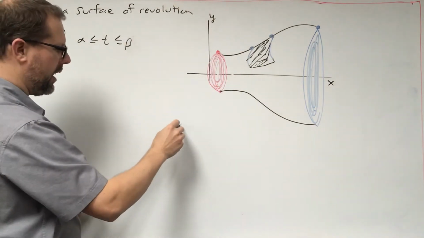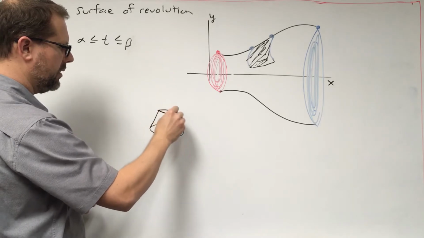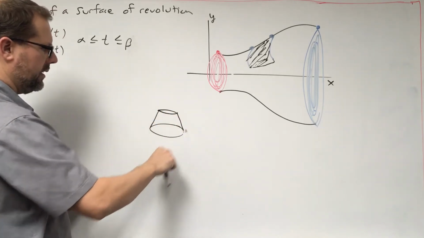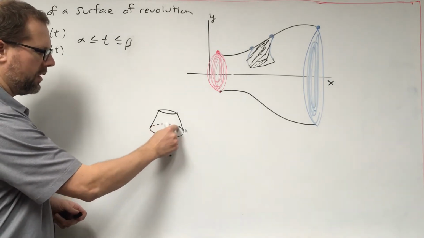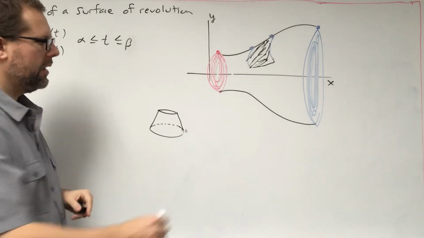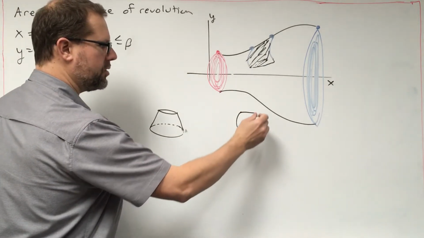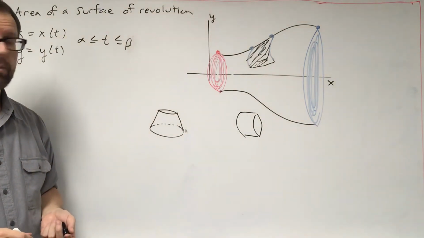let's turn it on its side. That segment is generating a particular type of shape. Now, if that segment is parallel to the x-axis, then you can imagine that what is being generated is going to be a cylindrical shape.